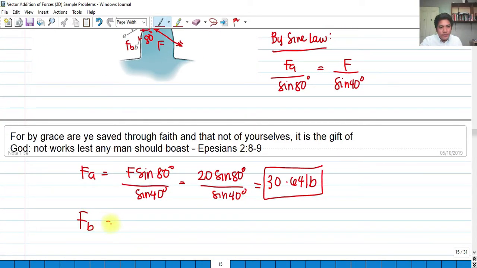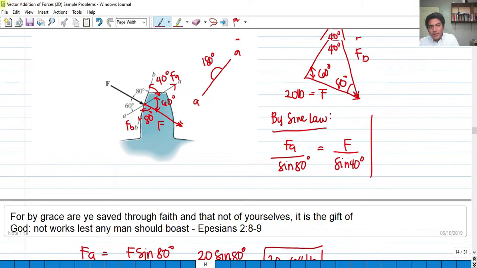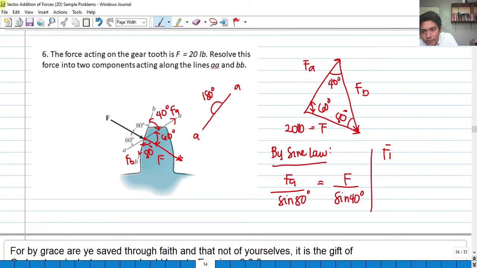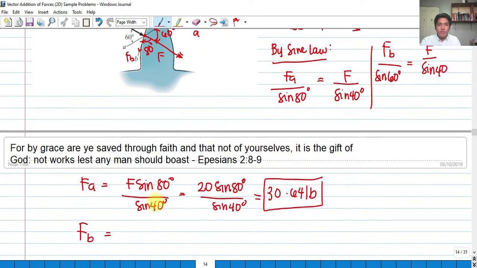Along the line B, by sine law again, we can use FB. The angle opposite to this is sine 60 degrees, equivalent to F over sine 40 degrees. So, if I'm going to get FB, that should be simple.